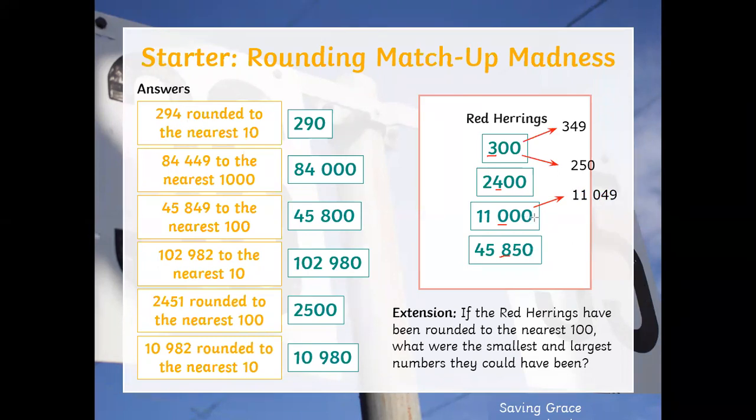If it was the smallest value, it would have gone to 10,950, which would have brought it up to 11,000. Okay, let's move on.